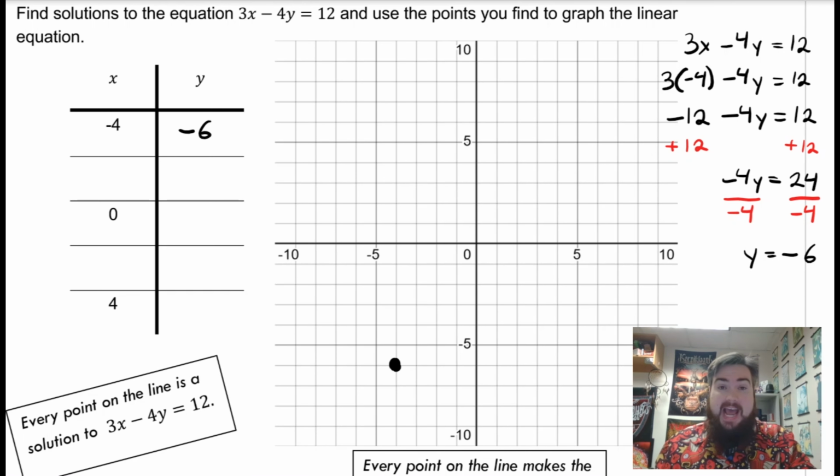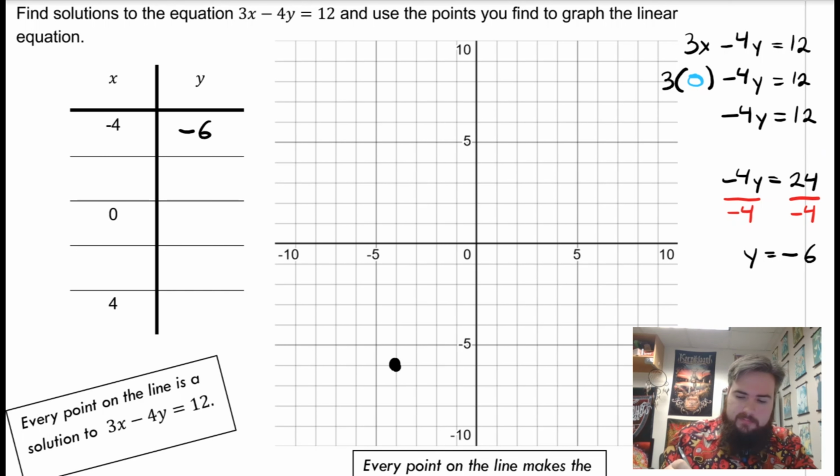Next, I can see what would happen if I plug in 0. To do that, I could go back to my work on the right side and replace where I had plugged in -4 for x, I can put 0 in place of that instead and see what would happen. This one's probably going to be a little bit nicer because 3 times 0 is actually just going to give us 0. 0 minus 4y is just -4y.